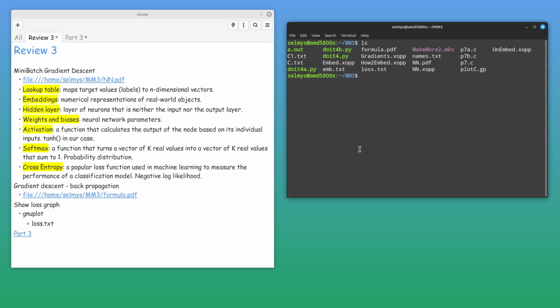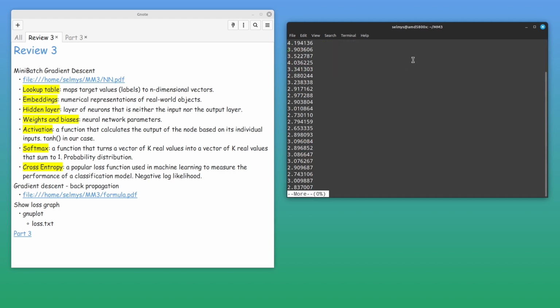So I ended up with this little file here. You can see the loss started out at 4.194136, and the loss kept getting better and better.